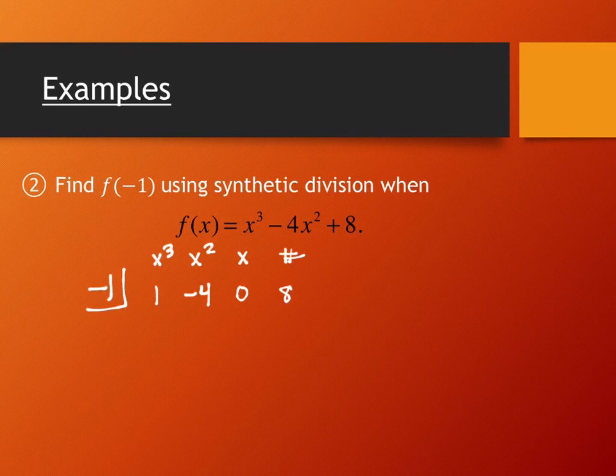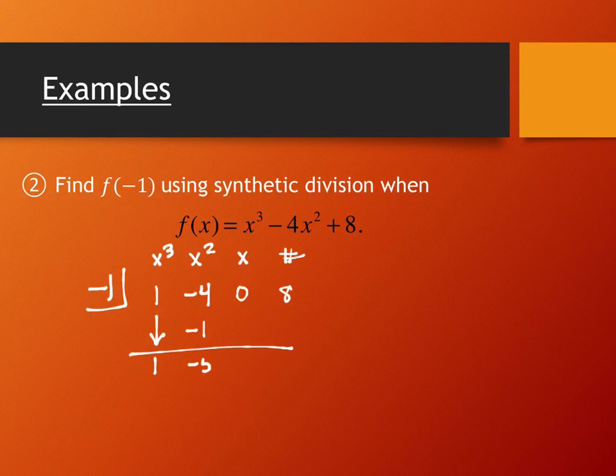Okay, so let's go through the synthetic division process. We bring the 1 down. We multiply 1 by the negative 1 on the outside, and we get negative 1. We add down negative 4 and negative 1. Negative 5.